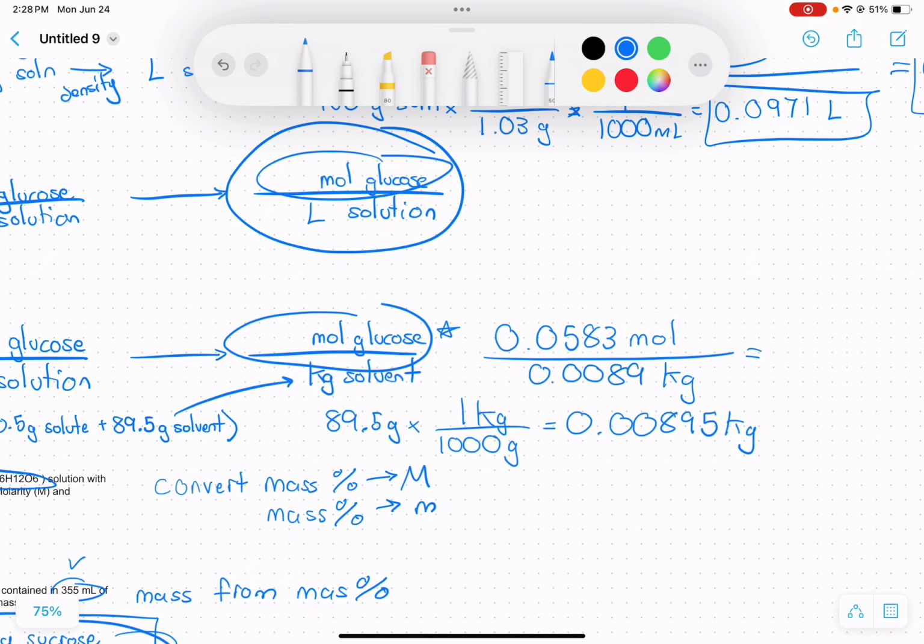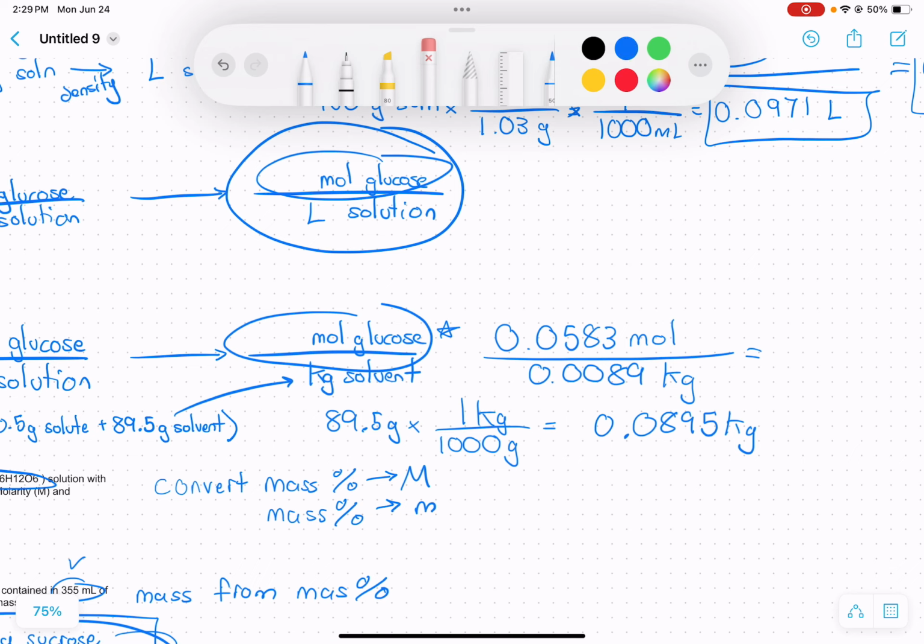Okay, so the molality, oh, you know what? I think I added an extra 0 in there. I did. Yep. 1, 2, 3. Okay.